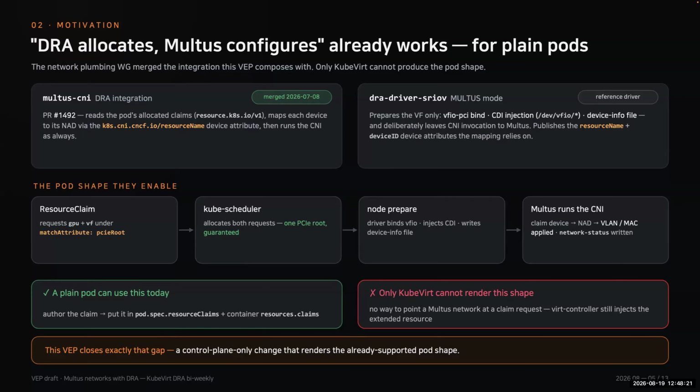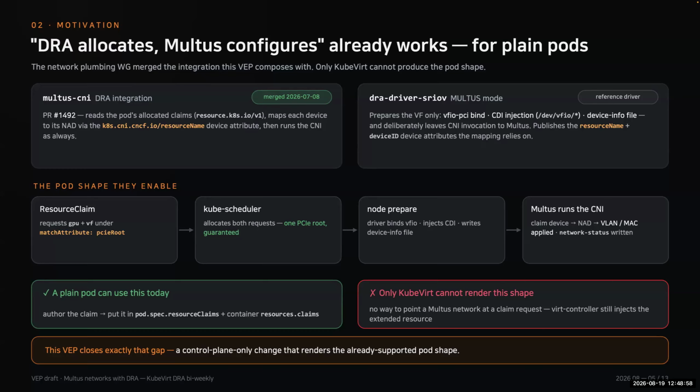And the DRA driver SR-IOV, which has been open sourced through the network plumbing working group, ships a Multus mode that prepares the VF, the VF file binding, and CDI injection. The device info file is delivered and leaves a CNI invocation on the Multus side. It also publishes attributes that make the mapping work. So DRA allocation with Multus configuring is a working path shape today.